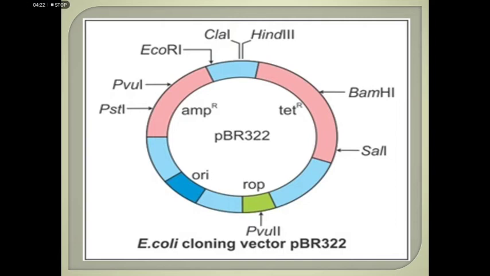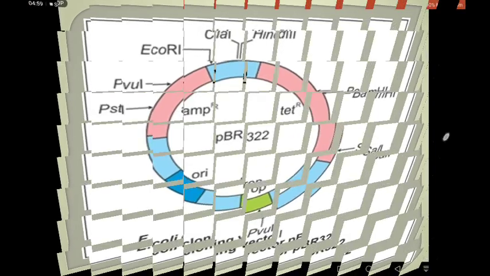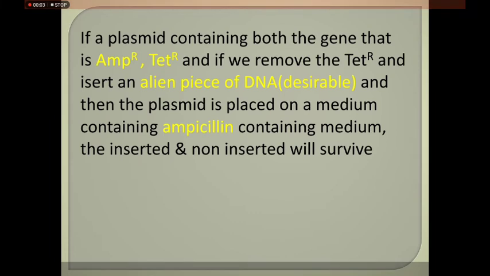In this plasmid, you can see the origin of replication, then the ampicillin resistance gene, the tetracycline resistance gene, and various cloning sites like PstI, PvuI, EcoRI, ClaI, HindIII, BamHI, SalI, etc. This is a typical example of a cloning vector called plasmid. Its name is pBR322.